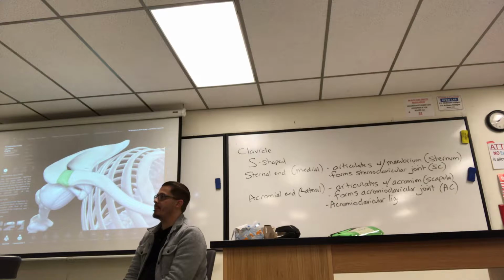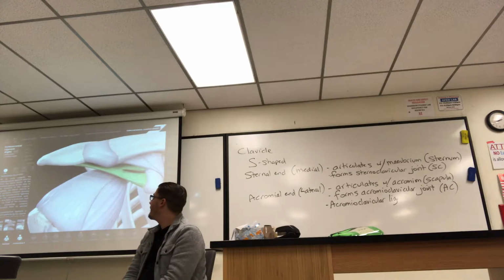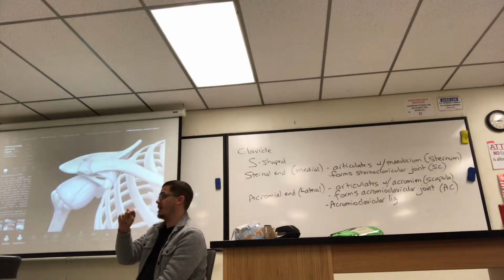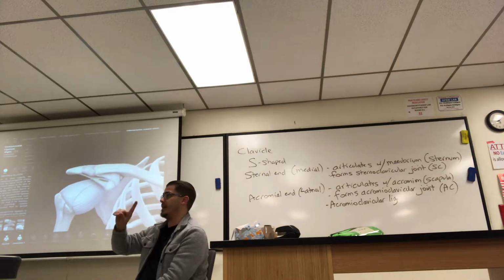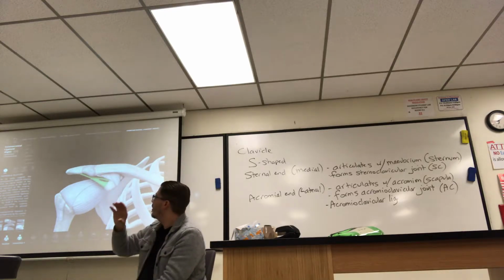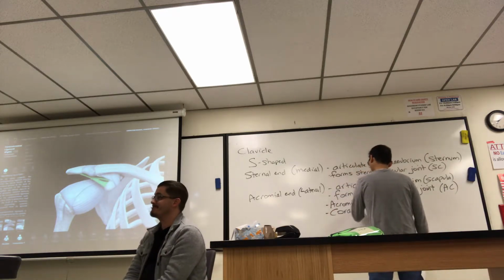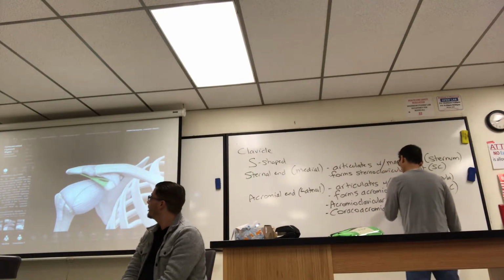Some other ones. That one right there, highlighted in green, is a ligament between the coracoid process of scapula to the acromion. So it's called the coraco-acromial ligament.